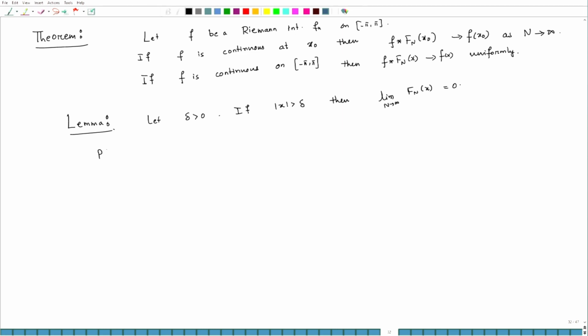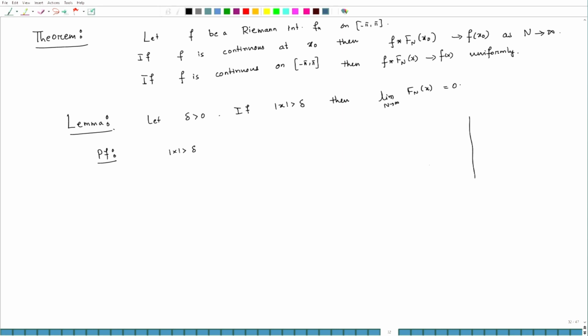So, how do we prove this? Now, you see, mod x is greater than delta.